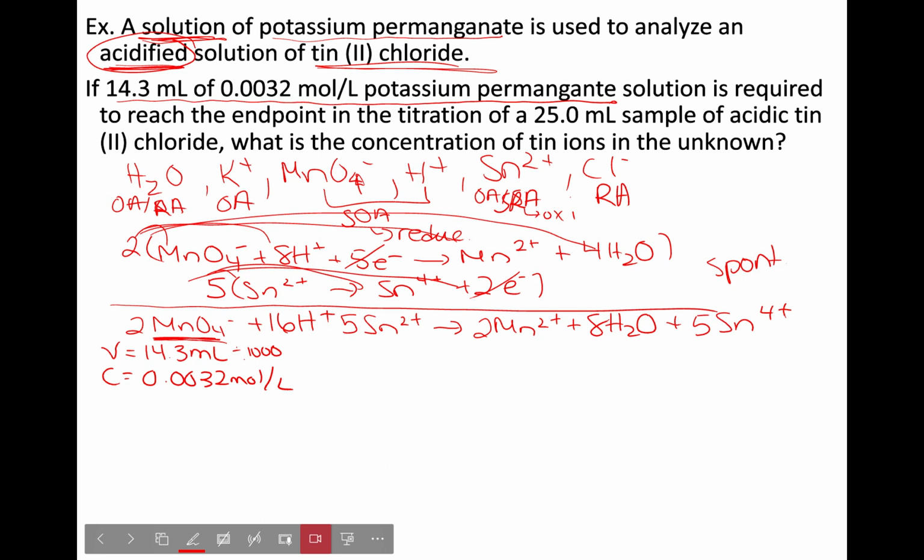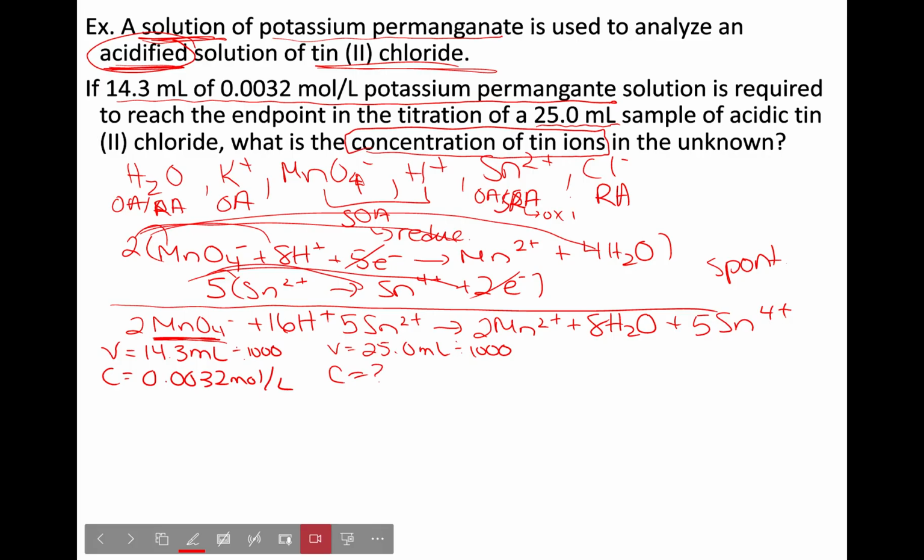And then we find out that 25 mL of the acidic tin 2 chloride, so that is talking about the Sn2 positive, 25 mL, again dividing it by 1,000. And the question ultimately is asking for the concentration of tin 2 ions. So this is what we're solving for.